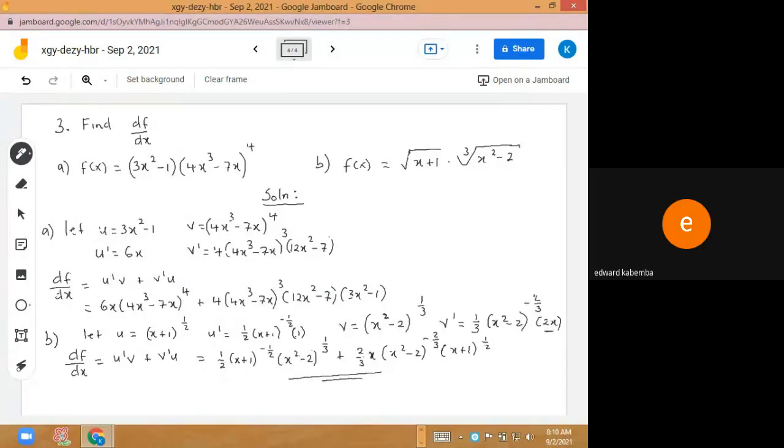Sir, on A, when you are finding v prime, you use chain rule. Yes. But you have seen that in every rule we have used power rule.